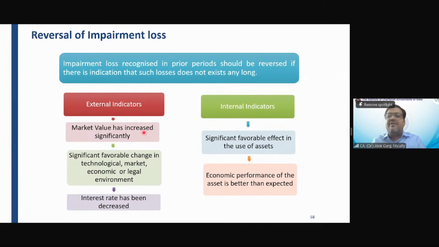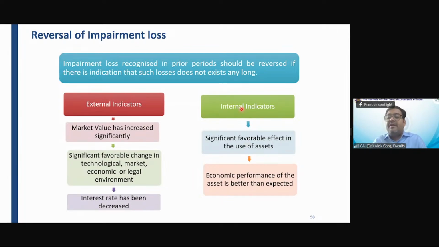So it is just a reverse image. The indicator of impairment was market value has decreased significantly. The favorable external indicator is market value has increased significantly. Significant favorable changes in the technological, market, economic or legal environment. Interest rate has decreased. The unfavorable indicator was interest rate has increased. It is decreased, right? Just reverse.